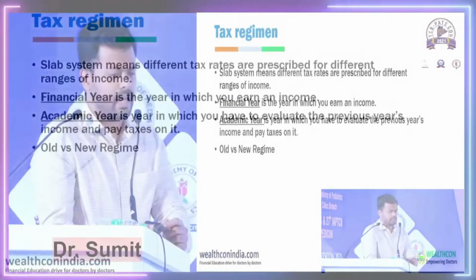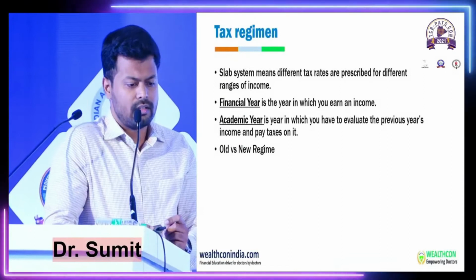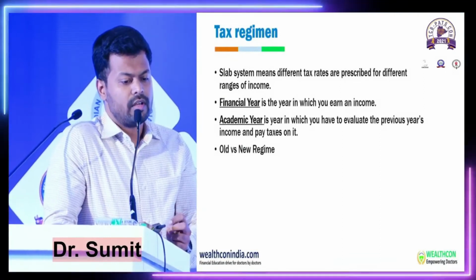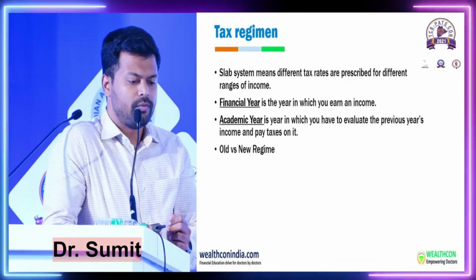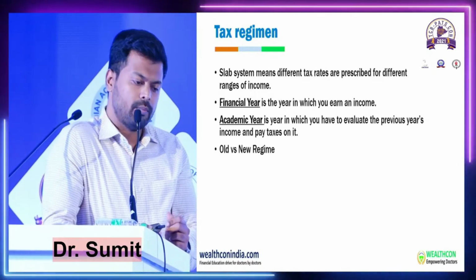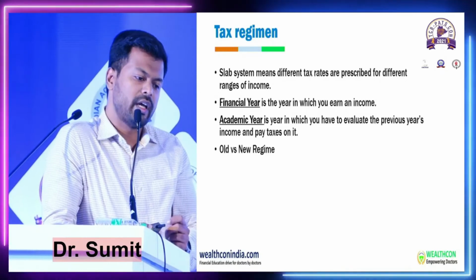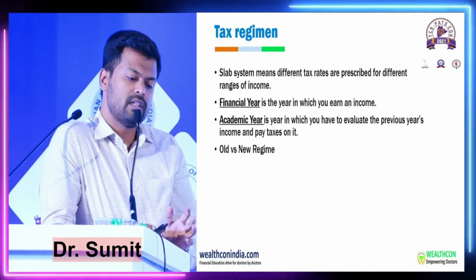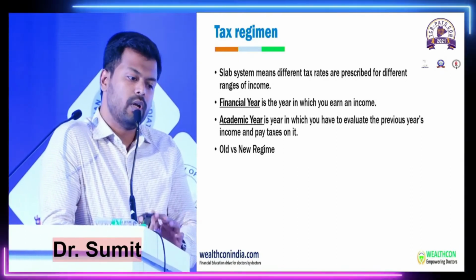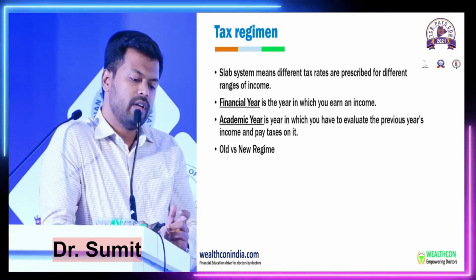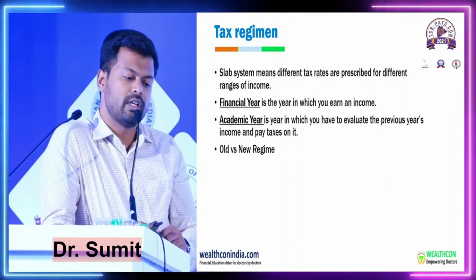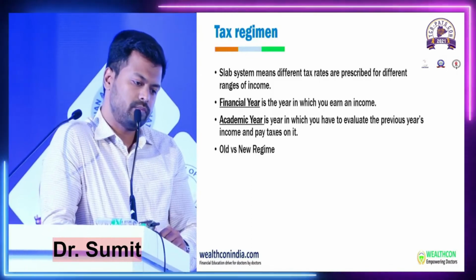Now let's talk about the tax regime. The slab system means different tax rates are prescribed for different ranges of income. A few terms you should know are the financial year and the assessment year. The financial year is the year in which you earn money, while the assessment year is the year in which you evaluate the previous year's income and pay taxes on it.